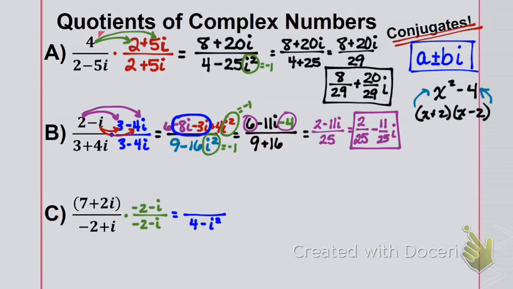For my numerator, got to double distribute here. So I'm going to have negative 14, my bad, minus 7i, and then minus 4i, minus 2i squared.